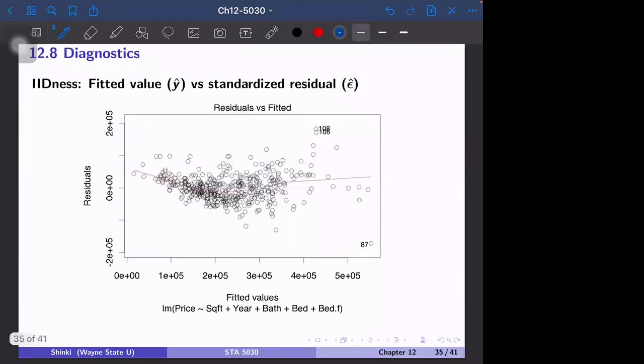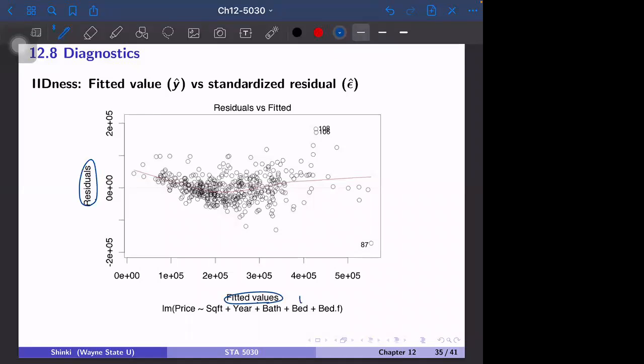And the next one is the fitted value versus standardized residuals. Basically this is the same as the residuals. Sometimes this is standardized, so it's divided by some number. I will explain it later. The biggest difference is that the horizontal axis is for fitted values.